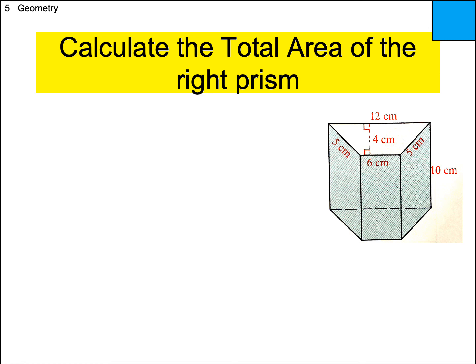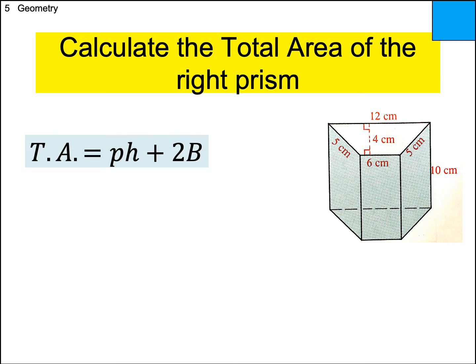If we turn this sideways or flip it around, it could be front and back, or left and right. In this case, it's top and bottom. Notice I have all four sides of the trapezoid listed right there: 5, 6, 5, and 12. Then I have the height of the trapezoid, which is 4. And lastly, I have the height of the prism, which is 10. You may want to rewind and listen to that one again.